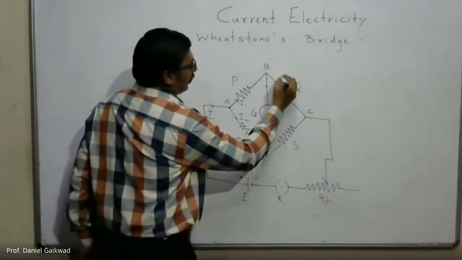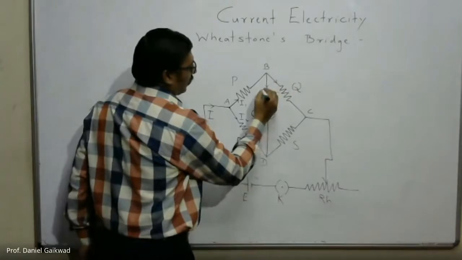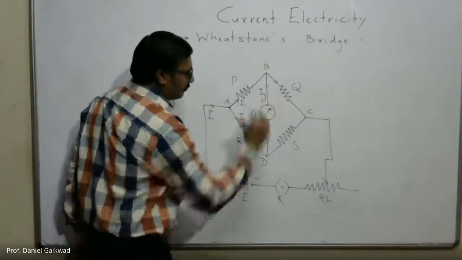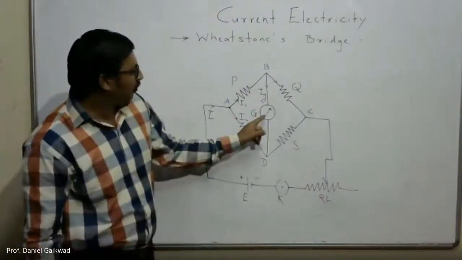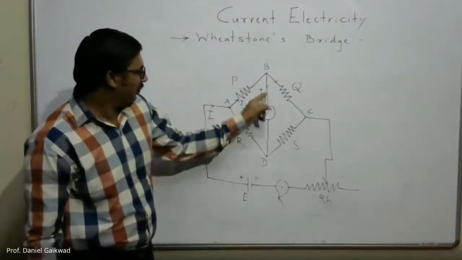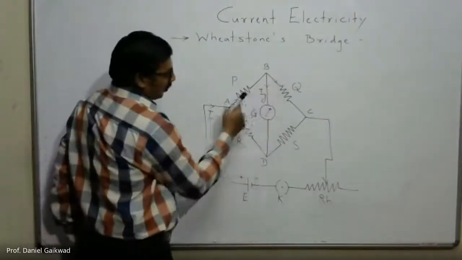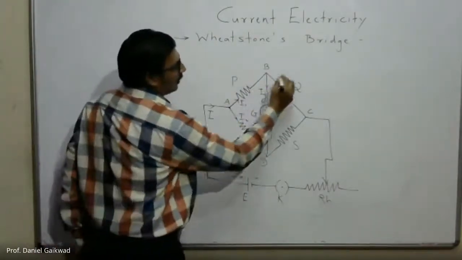Suppose the current flowing in this direction is Ig. So Ig is the current flowing through the galvanometer, in the direction from B to D. Then how much is the current through Q? It is I1 minus Ig.